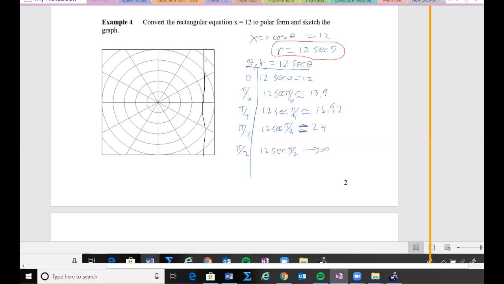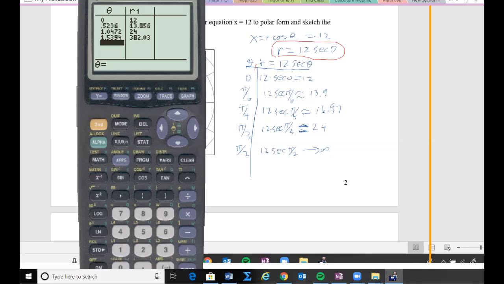If you went past the pi over 2 and started going into negative numbers, I think you start to pick up your negatives. So let's just try that. Back on the calculator. Let's get a couple negatives in there.